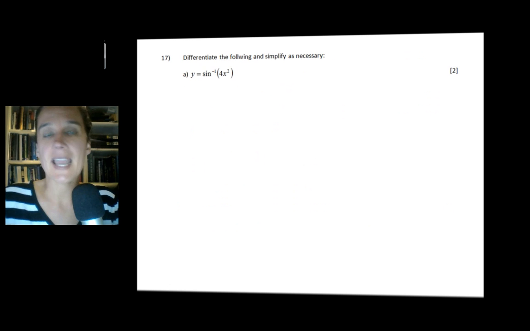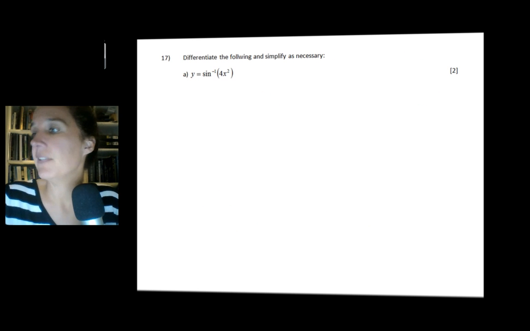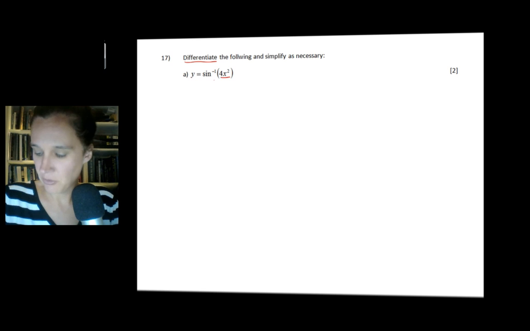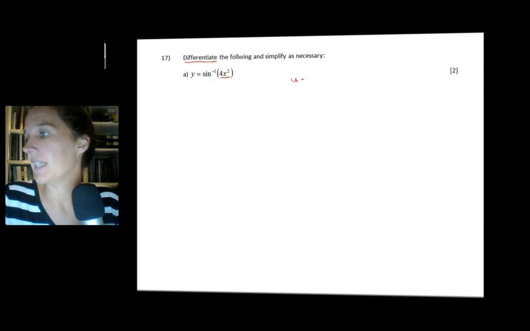Okay, now looking at question 17. We're differentiating here and then simplifying as necessary. So here we've got our inverse sine function and here our u is equal to 4x squared. So our y is equal to our inverse sine of u.